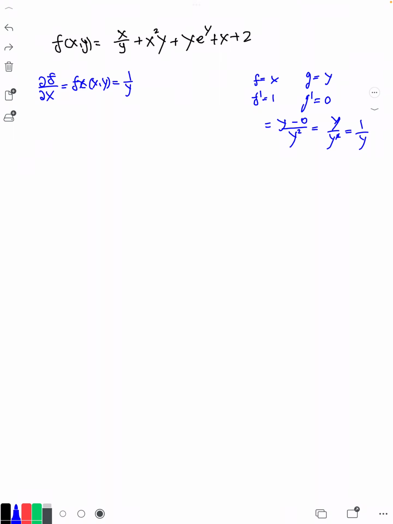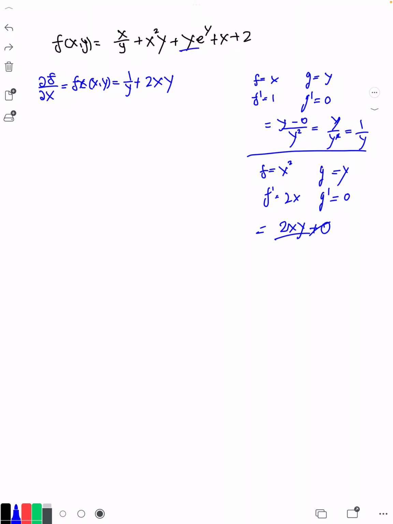So we have 1 over y plus, now we're going to do f is x squared, g is y, so f prime is 2x, g prime is 0, so we're going to have 2xy plus x squared multiplied by 0, so we're left with 2xy, so 1 over y plus 2xy, and then since it's all e's and we derive based on x, it disappears, x is becoming 1 and 2 disappears. So that is the answer.